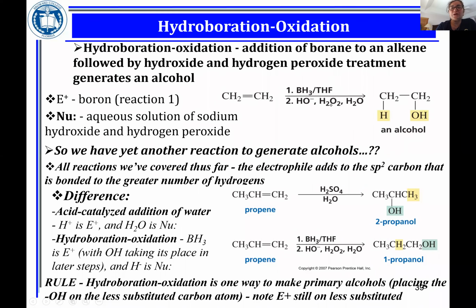Hydroboration oxidation is another reaction for which you have to create a new chart or new flashcard to remember and memorize it. It is very unique, and it gives you an anti-Markovnikov product. This is one of those cases where you get anti-Markovnikov.